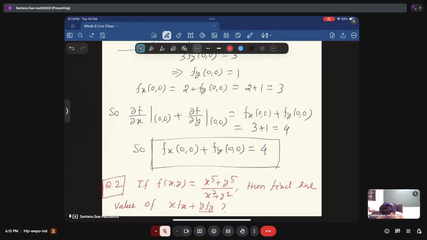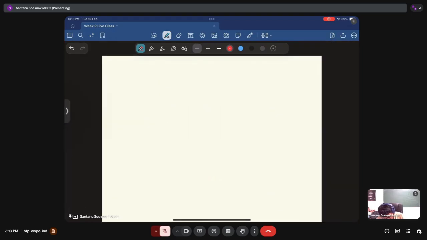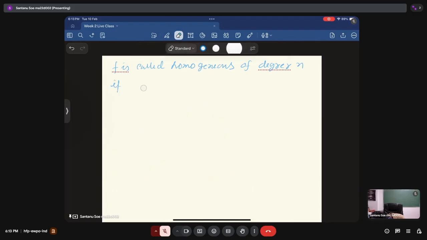So now before solving this question, we're going to recall the definition of homogeneous function. So function f is called homogeneous of degree n if f of lambda x equals lambda to the power n times f of x.